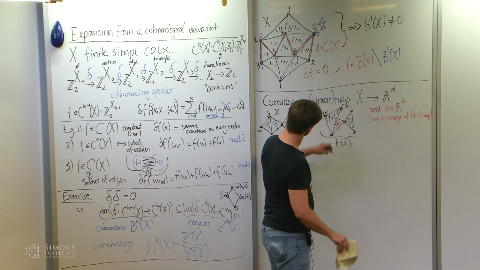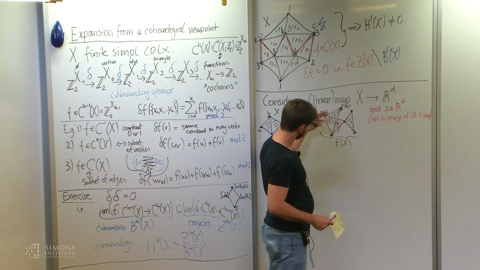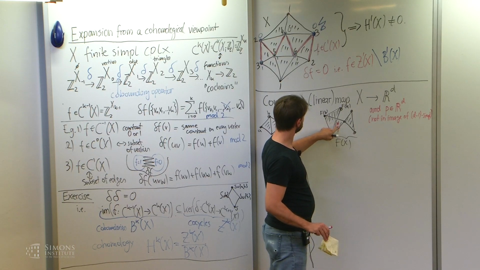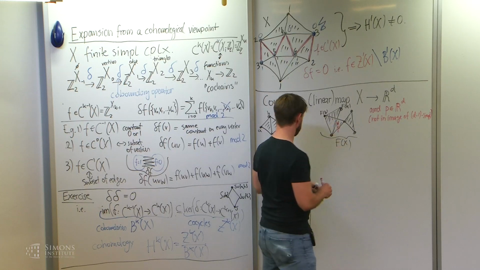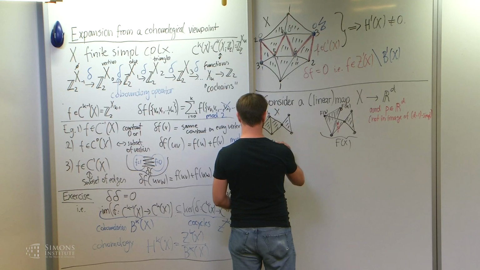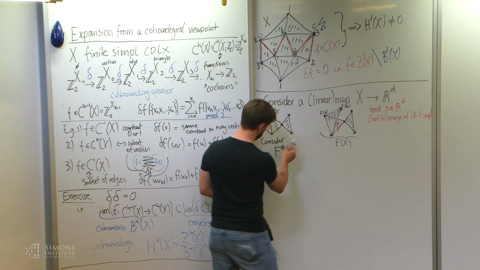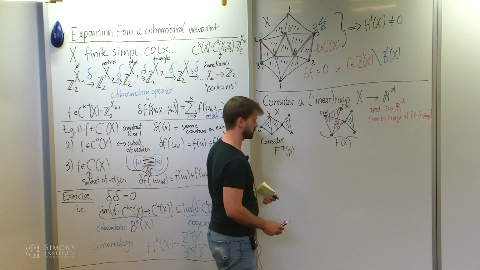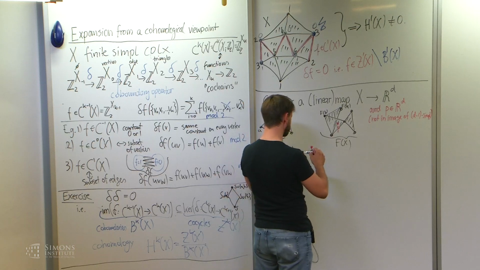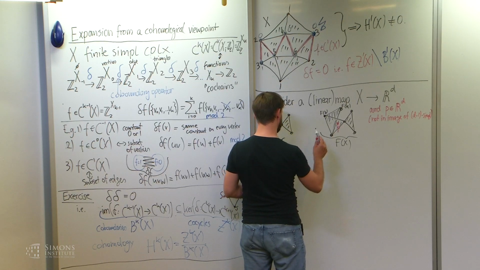Now what I want to look at are all the d-simplices whose image contains P. I will denote this by f sharp of P. You can imagine that this sharp is a weird way of writing -1, so this is like the inverse image, but for various reasons I don't want to write f inverse.